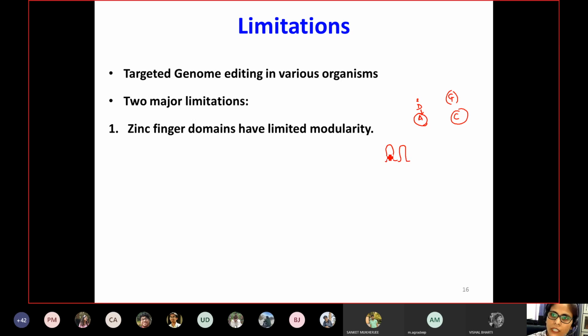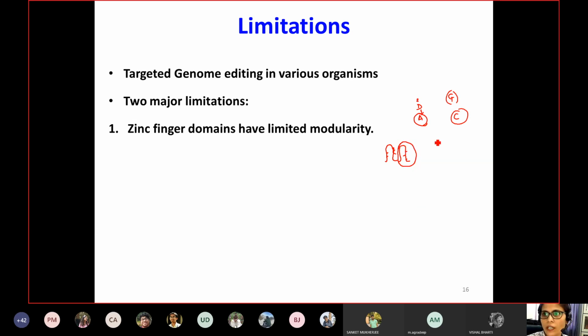If you have a certain amino acid at some helical region, you will have to have some kind of amino acid based on this context. So this is context dependent, specifically on what position you have in the helical region. So this is not entirely independent modularity in nature.